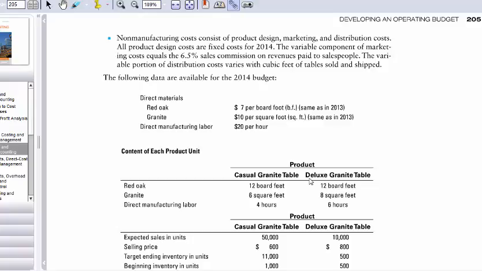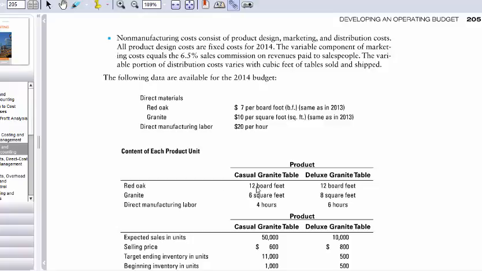And for the deluxe model, we need 12 board feet of the red oak. So apparently our tables are the same size as far as the bottoms go, the actual oak. The casual table needs 6 square feet of granite, and the deluxe model needs 8 square feet of granite.